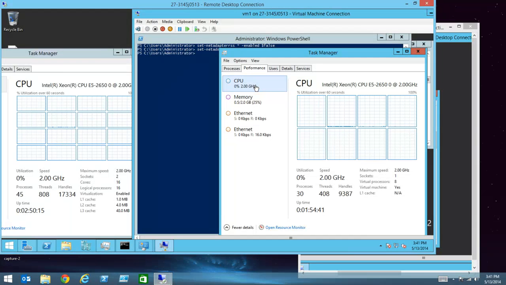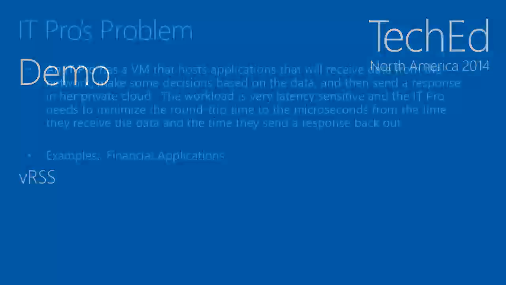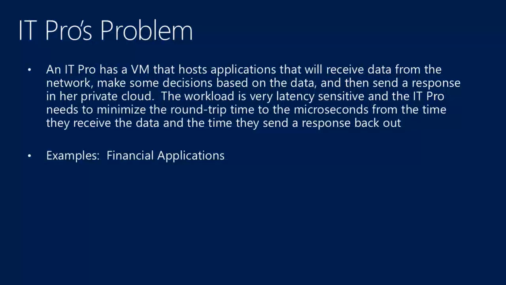Okay, so moving on. I'm going to spend some time on SRIOV. Quickly, how many people have actually deployed SRIOV or used it? We have one. This is something that was new in 2012, I believe.